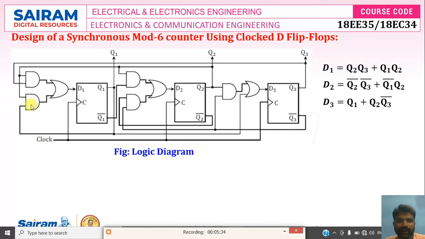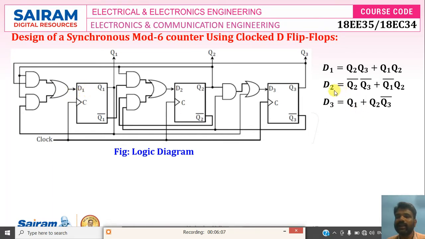Similarly, for the second AND gate, one input is this line, that is Q2, and another input is drawn from here, Q1. So Q1 Q2 is the output of the second AND gate. Both are connected to the OR gate, and the output will be connected to D1.